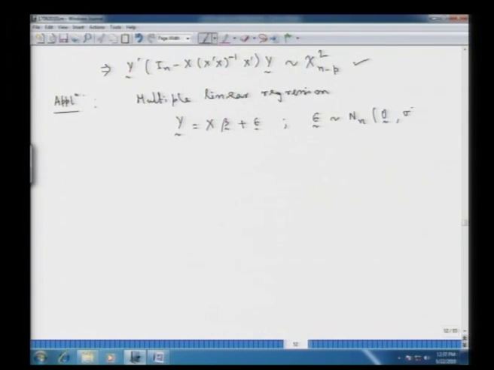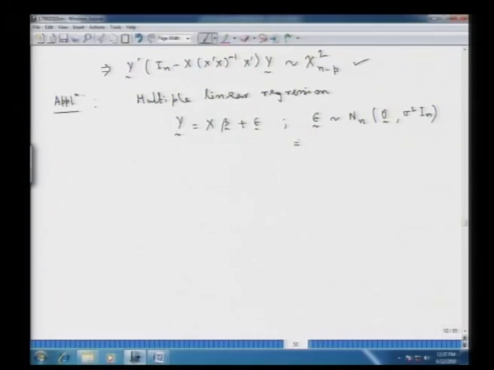Now as an application of this particular result, suppose we have a multiple linear regression setup, where we have y equal to X beta plus epsilon, with the assumption that epsilon follows an n-dimensional multivariate normal with a null mean vector and a covariance matrix sigma square In. This is the standard setup for a multiple linear regression problem.